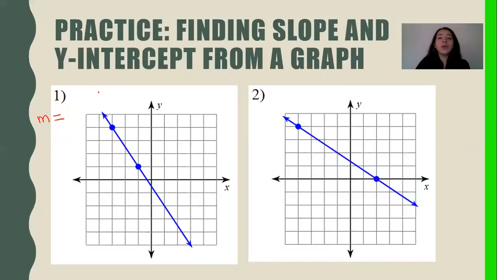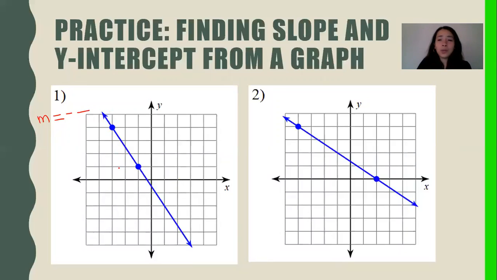So if we write the letter m, we mean slope. So we right away figure out, is it a positive slope, a negative slope, 0, or undefined? Based on the fact that if I had a snowboarder going down the hill, we know that it's going to be a negative slope.